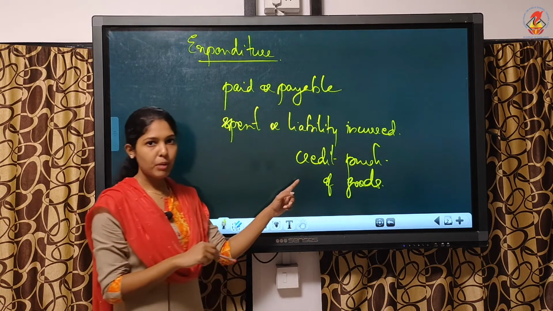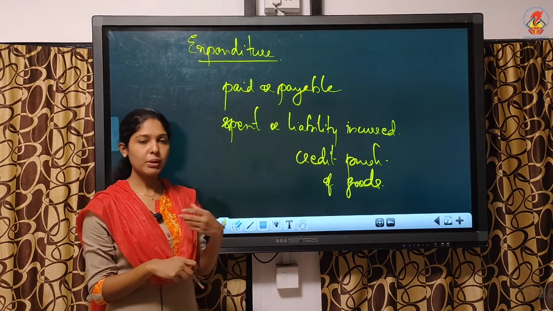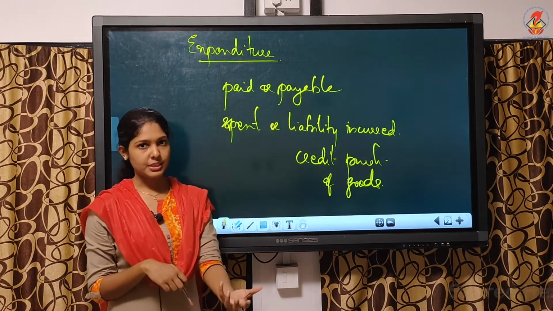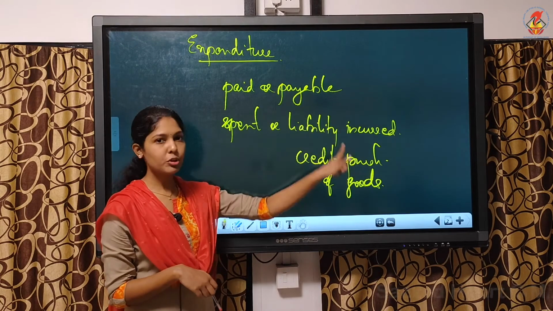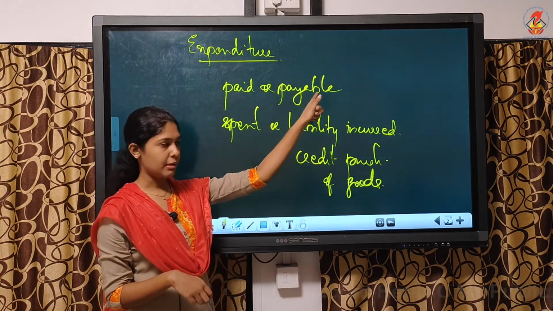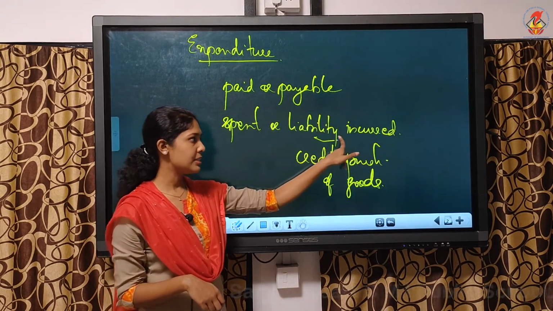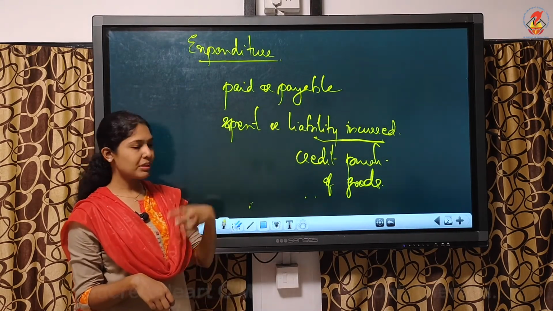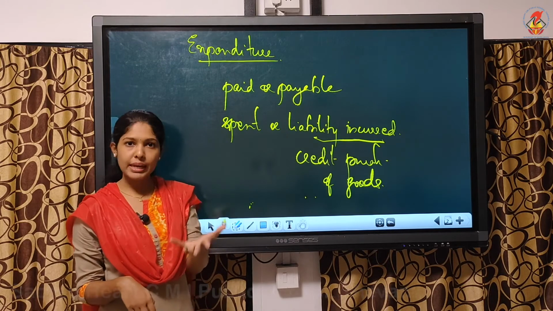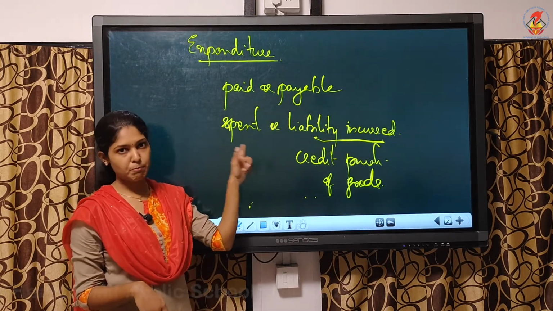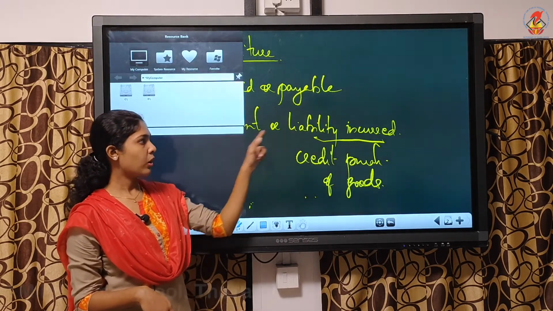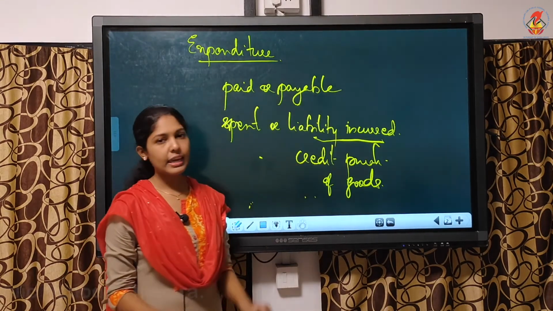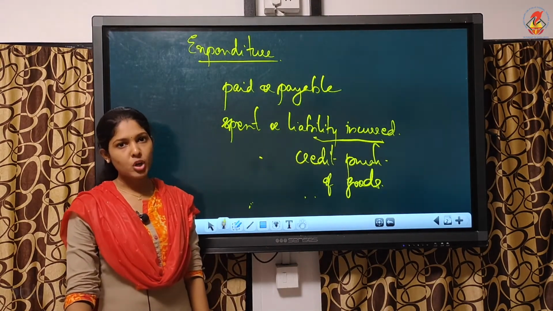Did we pay the amount? We haven't paid the amount, but we have to pay it on a later date. So there is a liability for you to pay. That is called payable, or it can be termed as liability incurred. Or suppose you purchased goods and immediately paid the amount, that will be termed as spent. So, amount spent or liability incurred against purchase of goods or services.